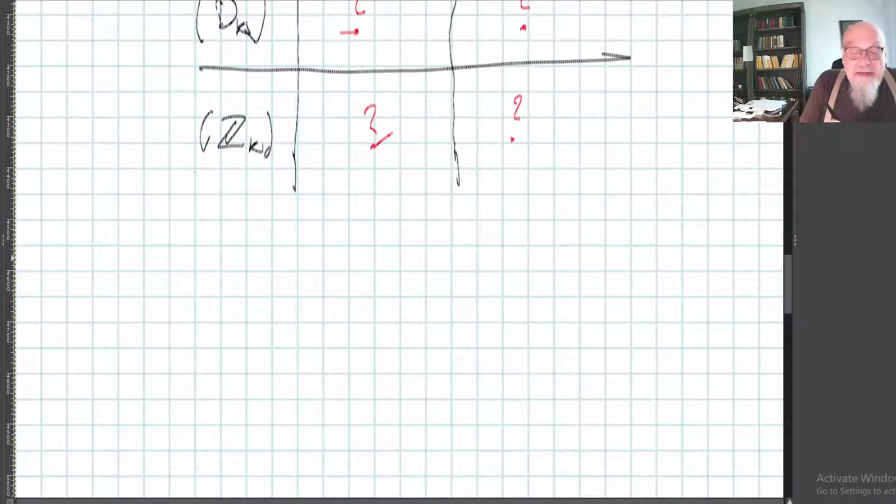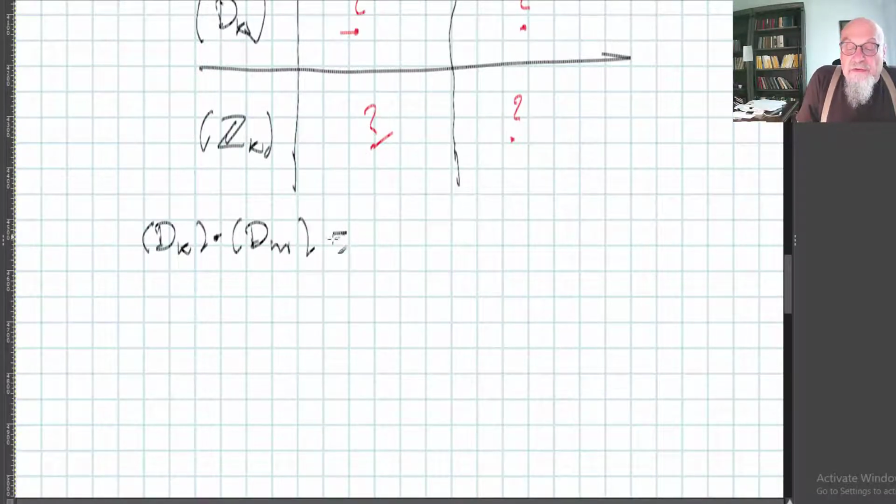Let's start somewhere. For example, let's say we compute D_k, let's multiply it by D_m. So we want to know what it is equal to.